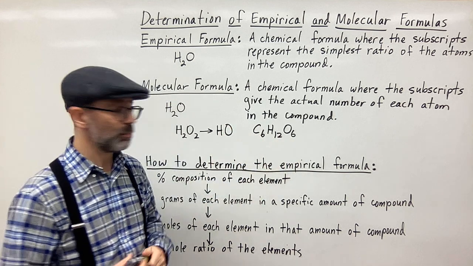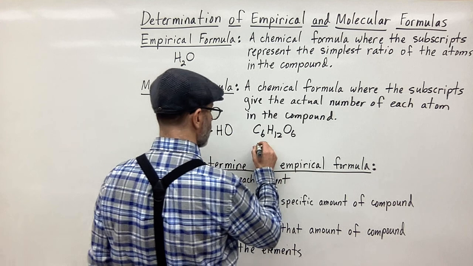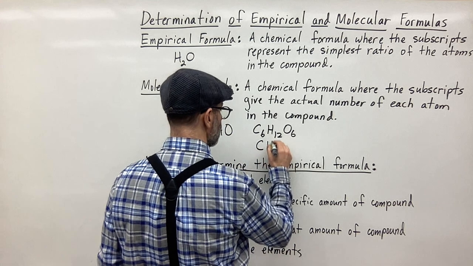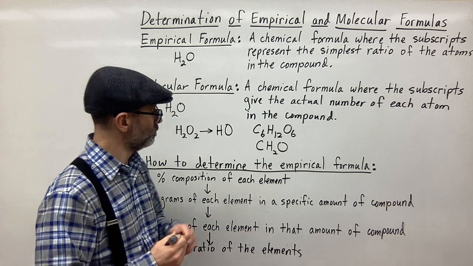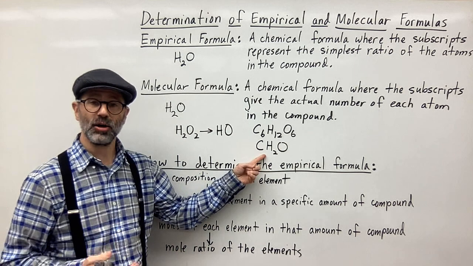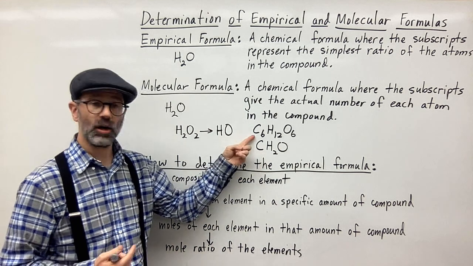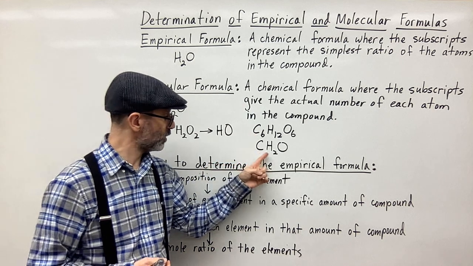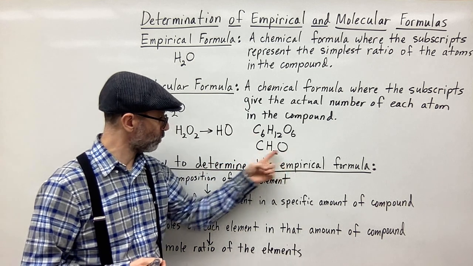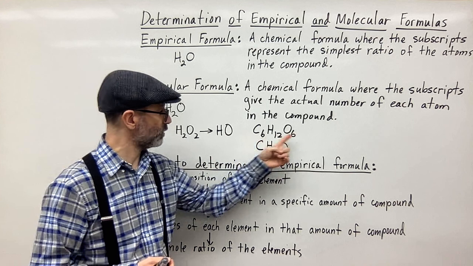So we can simplify this by writing CH2O. So this is the empirical formula for glucose. So you can see here that 1-to-2-to-1 is the simplest whole number ratio of 6, 12, and 6.